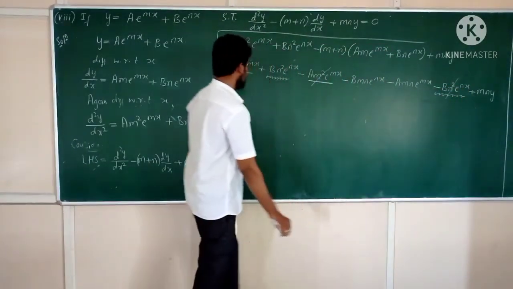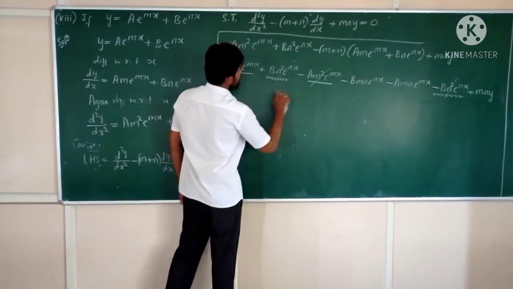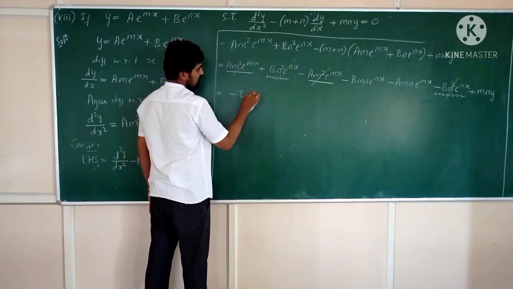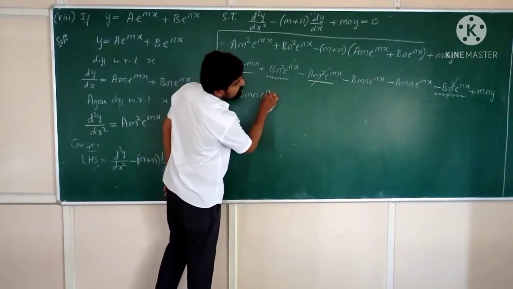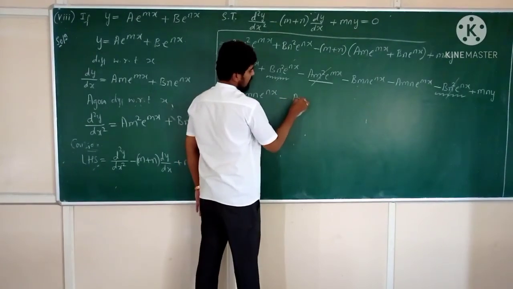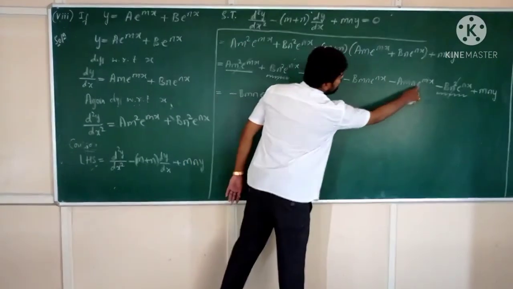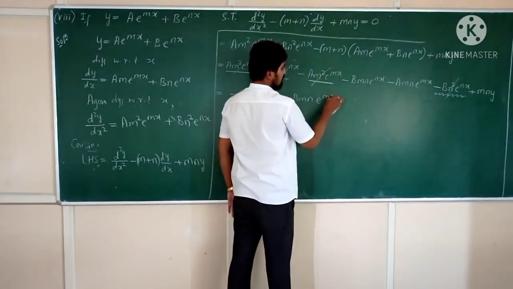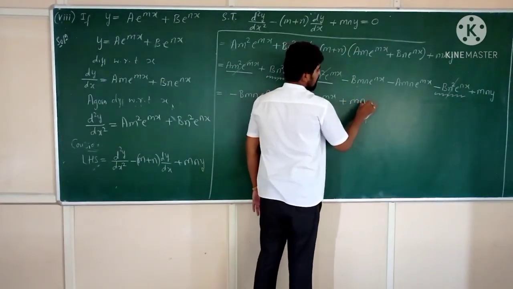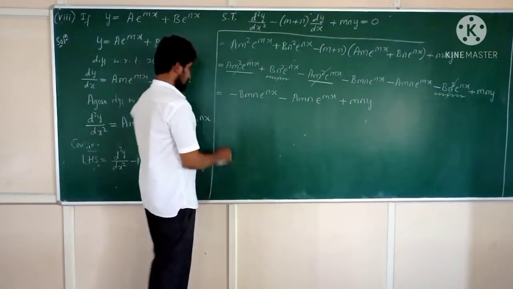The remaining terms are minus bmn e power nx, minus amn e power mx, and plus mny.